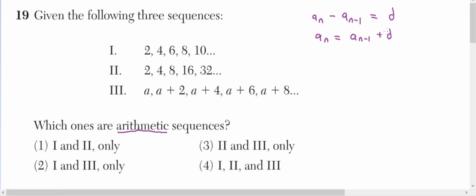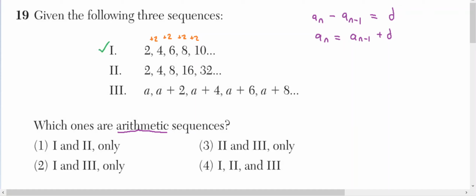So as long as the difference between two consecutive terms remains constant, that's one way to identify an arithmetic sequence. So let's check the common difference, if possible, of sequence 1. The difference here would be plus 2, plus 2 again, plus 2, plus 2, and so on. So I think that this one is arithmetic.